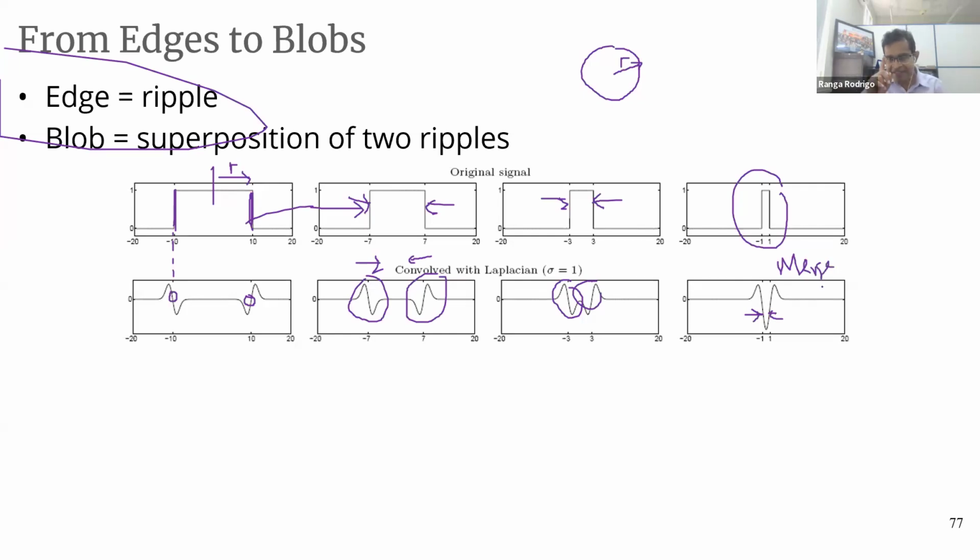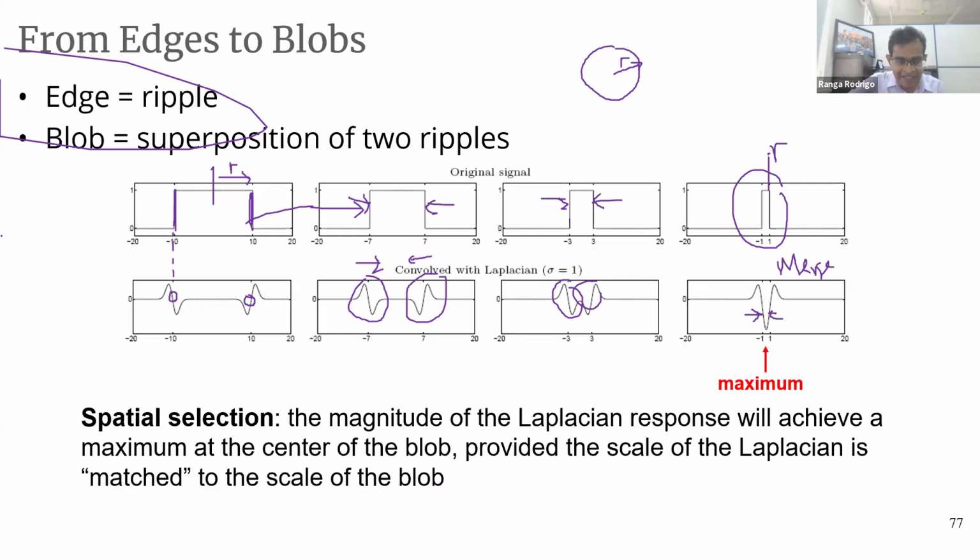Now the radius of that blob matches the corresponding sigma value that we use to construct this Laplacian of Gaussian. This produces the maximum value. So scale selection means the magnitude of the Laplacian response will achieve a maximum at the center of the blob, provided the scale of the Laplacian is matched to the scale of the blob.